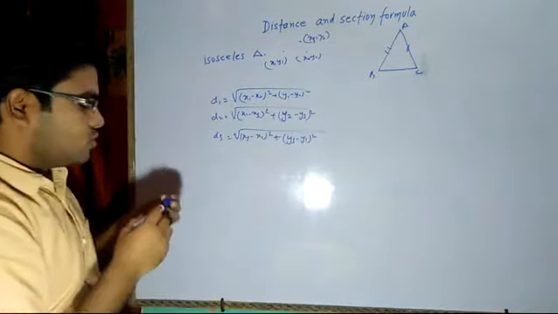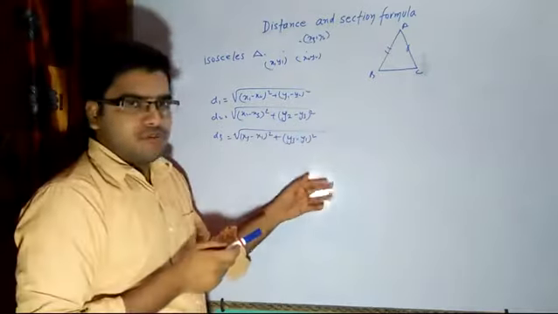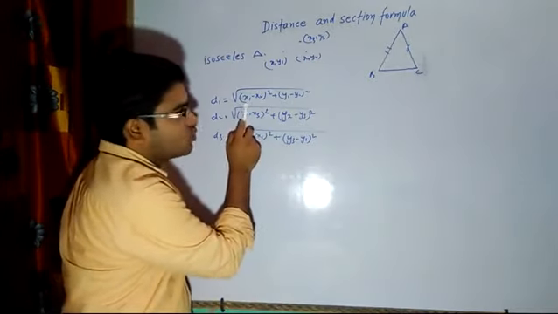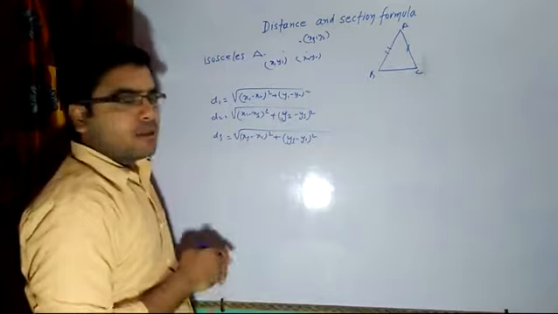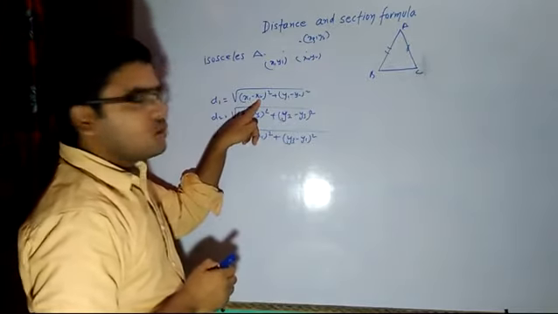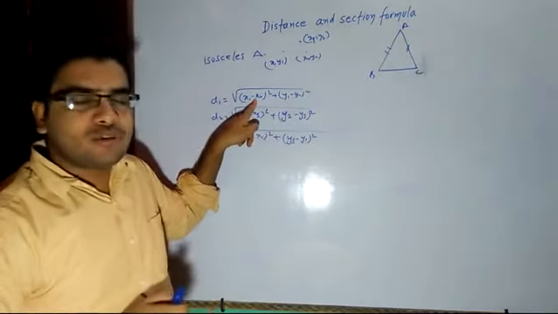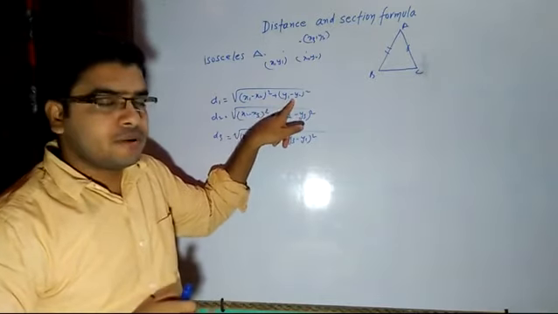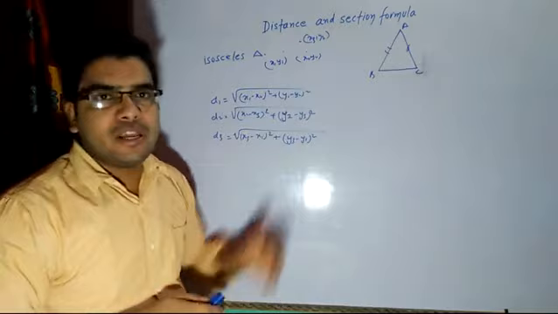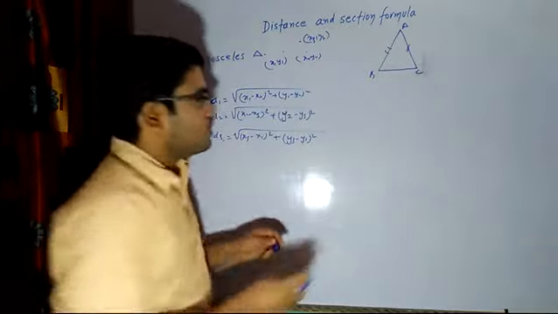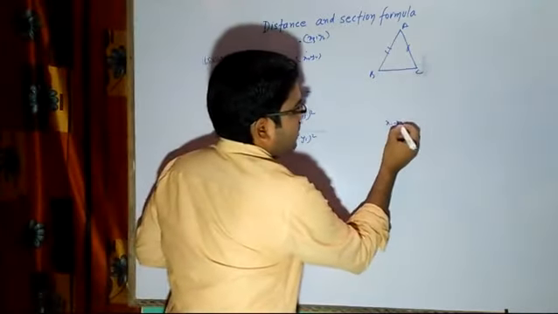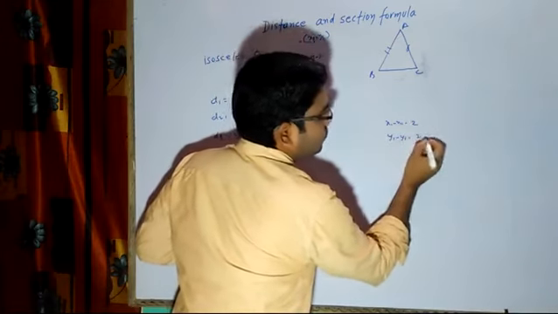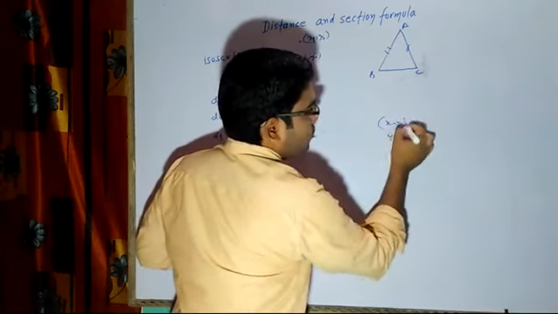Now, as you can see in the previous formula, I mentioned x2 minus x1 and y2 minus y1. Whichever way you write it, this is the difference of abscissa, and this is the difference of ordinate. The square of any negative number will always give you a positive number. Suppose x1 minus x2 you got 2 and y1 minus y2 you got 3.